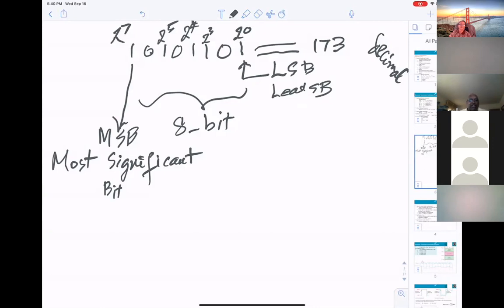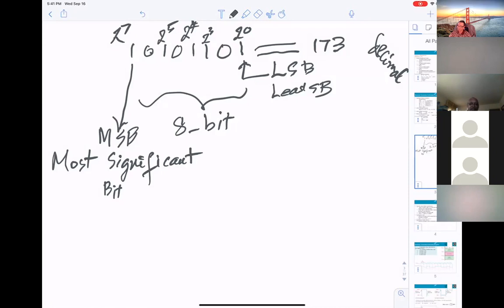It's no big deal. The first one is 2 power 7, right? The next one started on the right side, where it's 2 to the 0. Correct, correct.